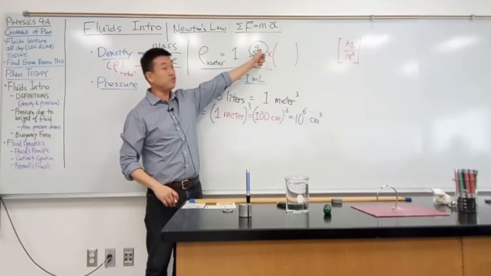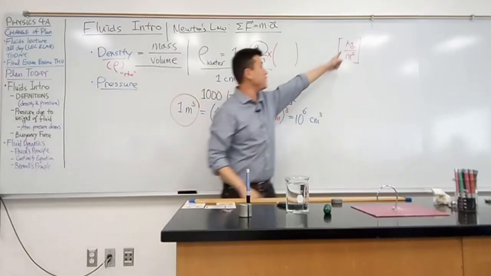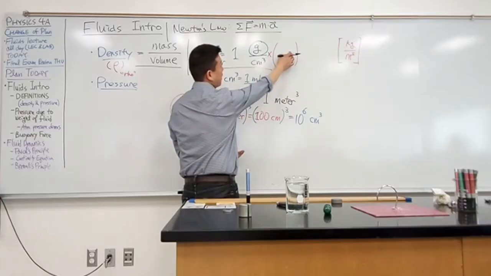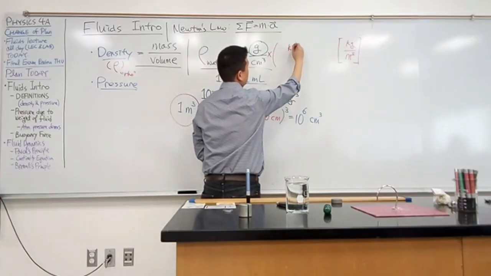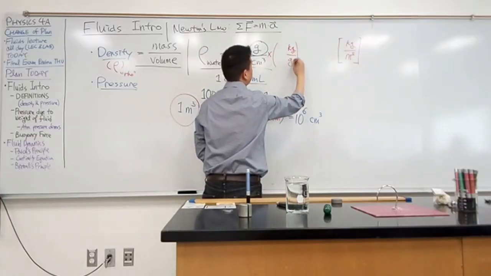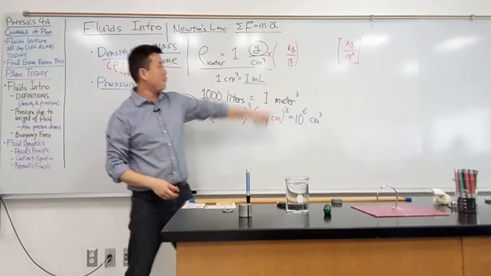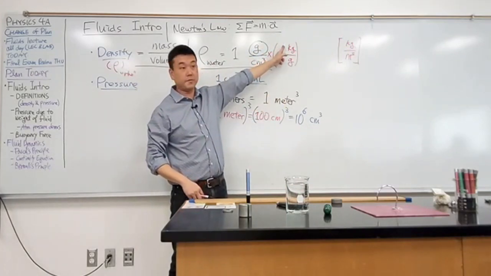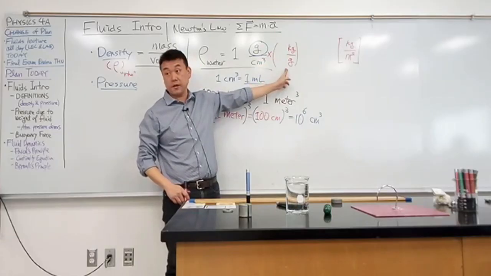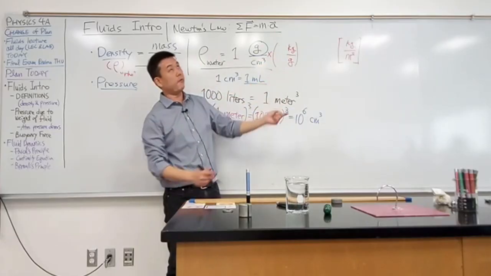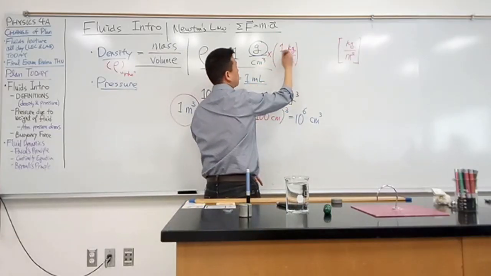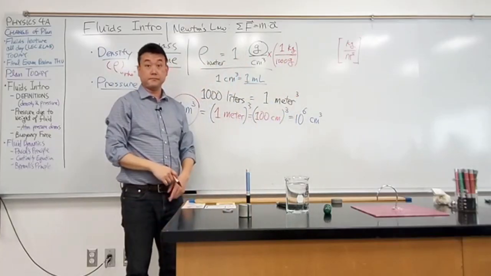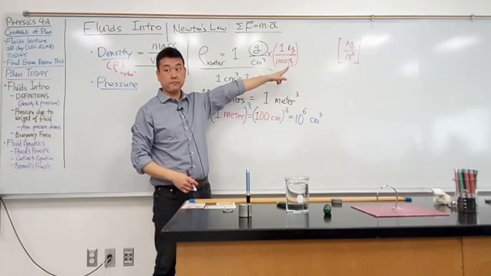So you cancel out the unit you don't want, and you gain the unit that you do want. So I'm going to multiply by a ratio that will have units of kilogram per gram. If I want this ratio to be 1, the quantity on the numerator should be the same as the quantity on the denominator. So think through it for a while, and you should get 1 kilogram is equal to 1,000 grams. So this ratio is 1.